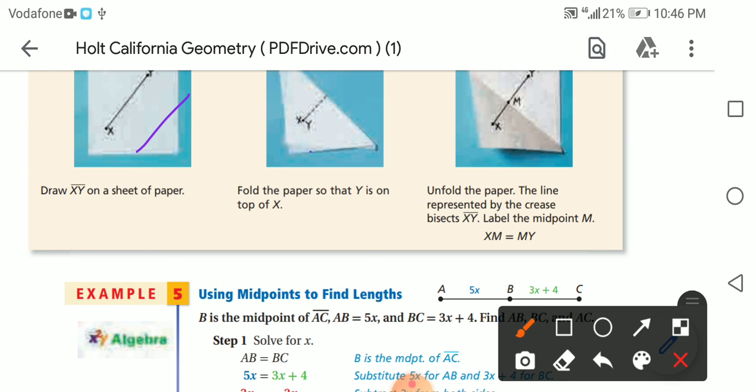The line represents the crease that bisects XY. Label the midpoint M. So XM equals MY.